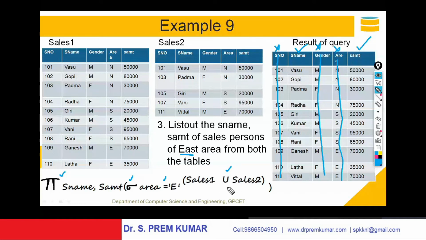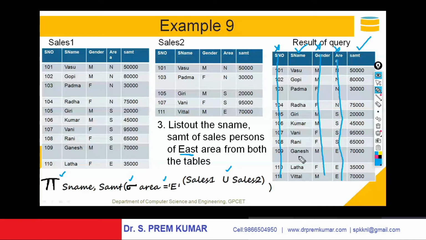After performing the union operation, all the tuples got clubbed. And from that I am selecting only area equals to east, so the rest of the areas will be eliminated. Only eastern instances will be there. From the eastern instances I am taking name and sales amount.